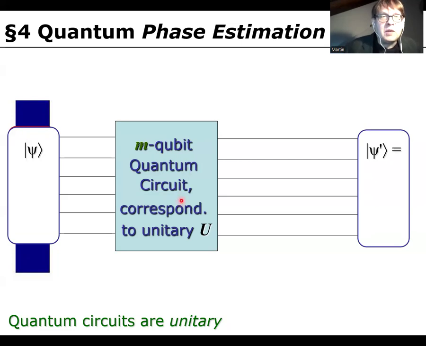And for the quantum phase estimation problem, we're promised that the input vector is actually an eigenvector to this unitary matrix, right? Remember, what is an eigenvector to a linear transform? An eigenvector is a vector where the result is a scalar multiple of the input vector.